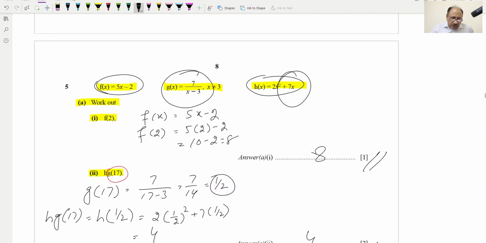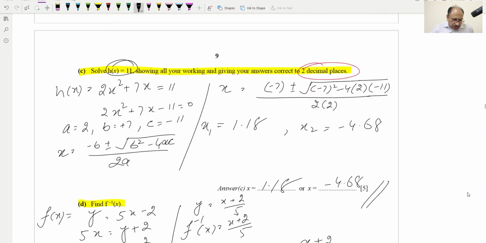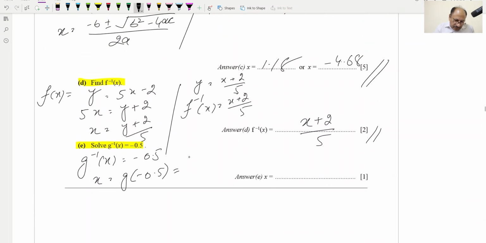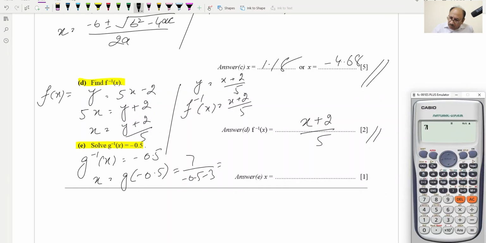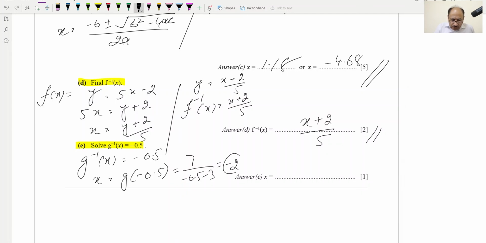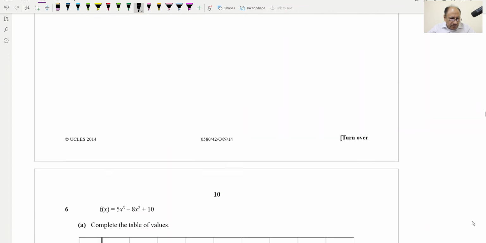G of x is equal to 7 over x minus 3. So 7 over the x value, which will be minus 0.5, minus 3, and this will be equal to minus 2. This will be our answer which we can provide. This is only a 1-mark question, a simple question which we are done.